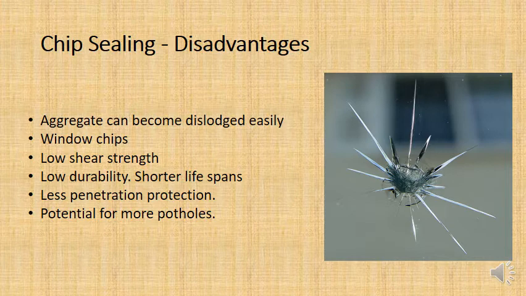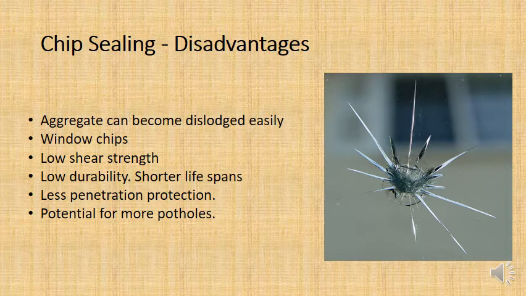Now that's a problem because potentially there's lower durability because of the shear strength, particularly on sharp corners downhill where heavy trucks are braking. There's a lot of shear force there, and it's going to wear off the aggregate. Now that means that it's going to leave voids in the wearing course, which water can then penetrate, and it's going to cause potholes.